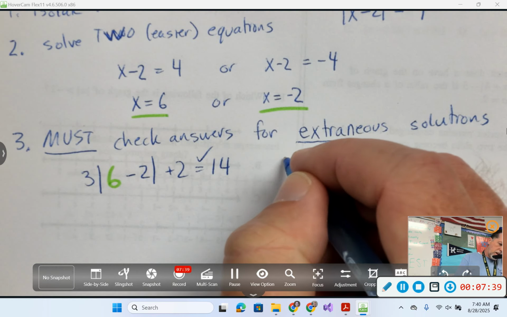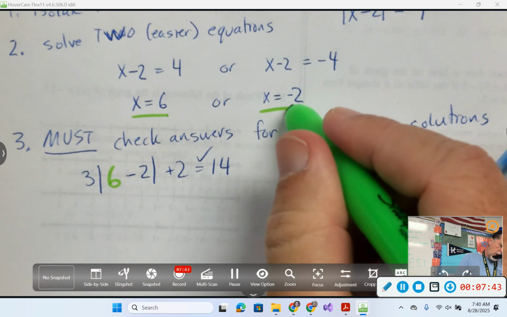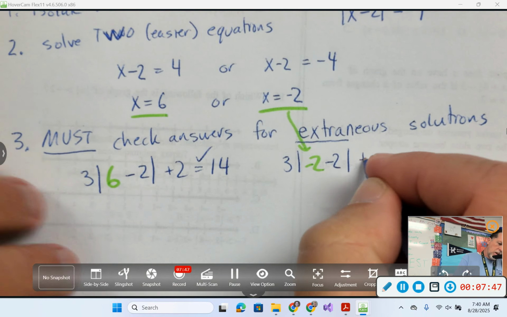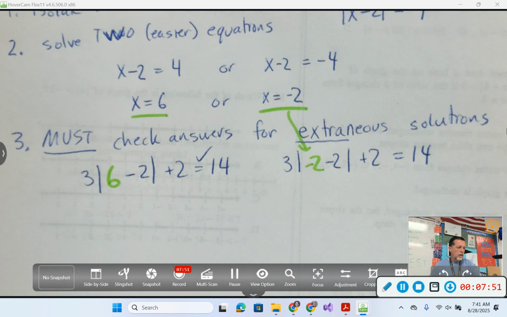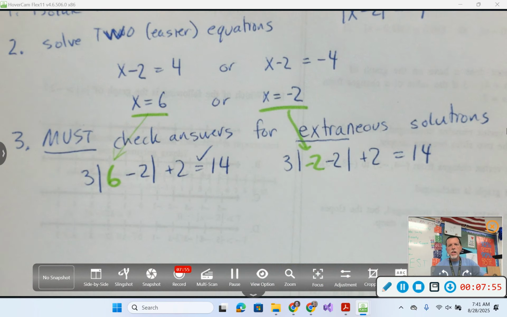So 3 times the absolute value of negative 2 minus 2, plus 2 equals 14. Let's see. Negative 2 minus 2 is negative 4. But what's the absolute value of negative 4? For some reason this throws people off.